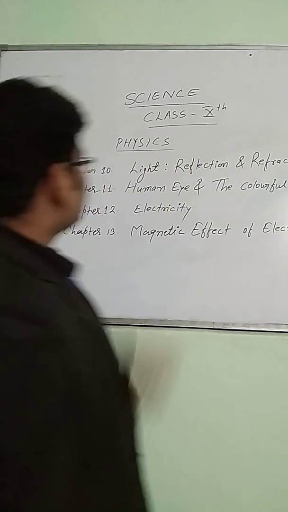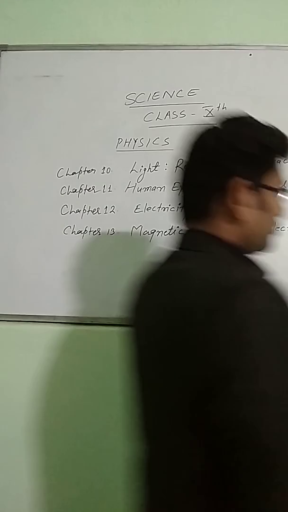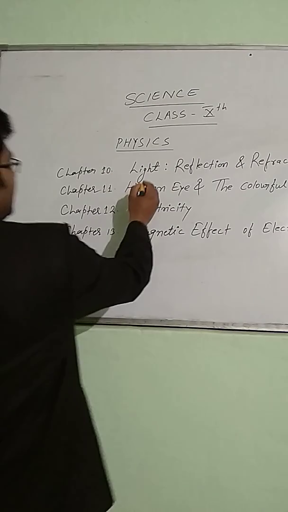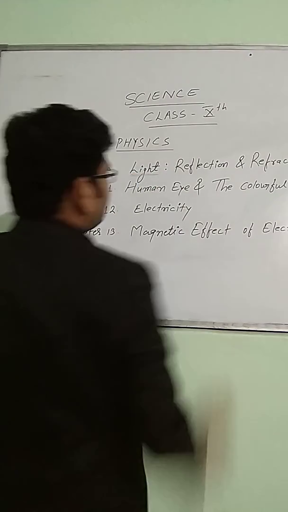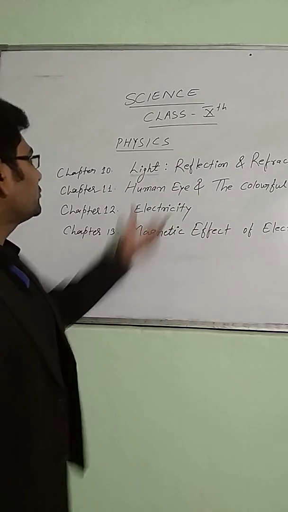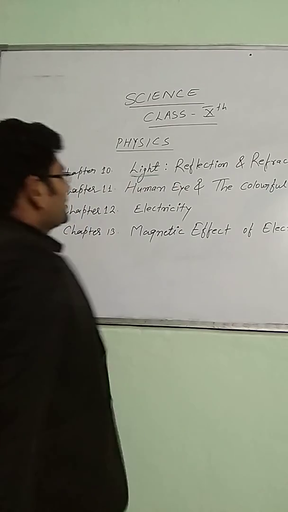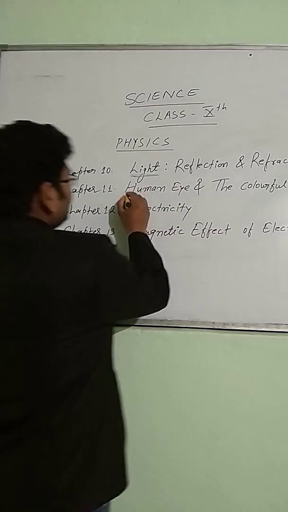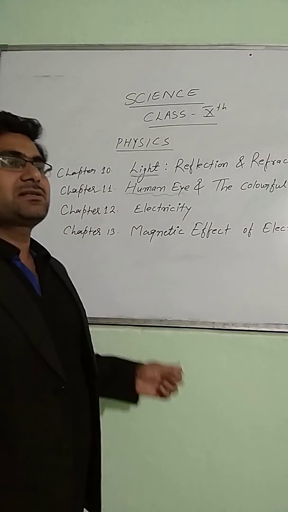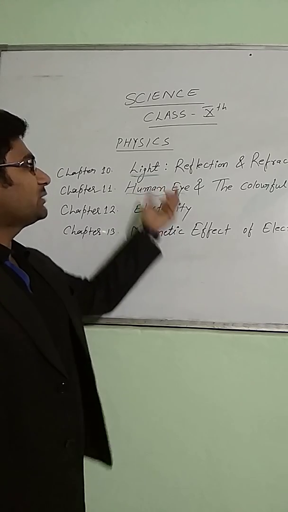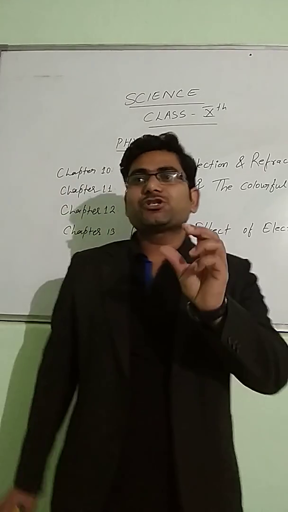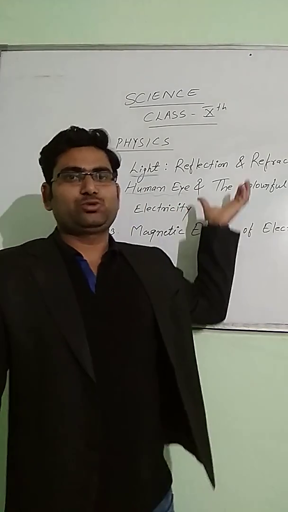So these are all chapters of physics. In chapter number 10, light, we have already discussed it in class 8th also. And human eye was also discussed in class 8, but in class 8 that was a very short form of these two chapters.